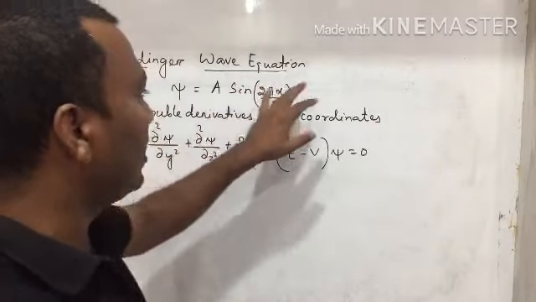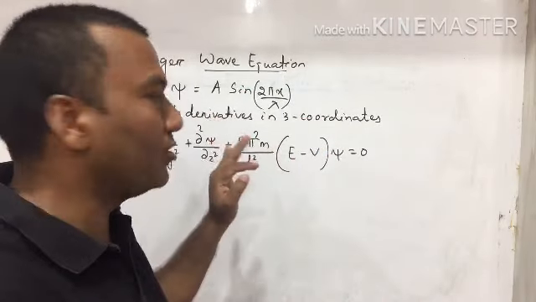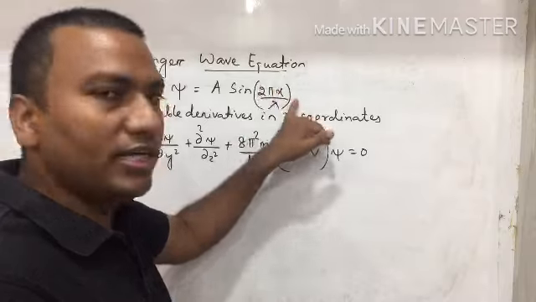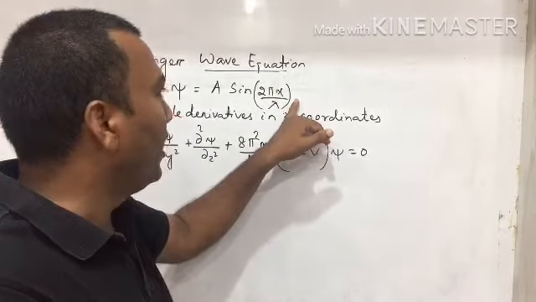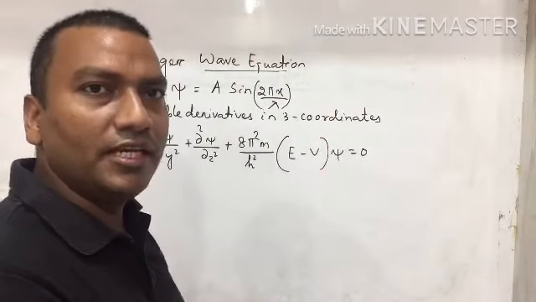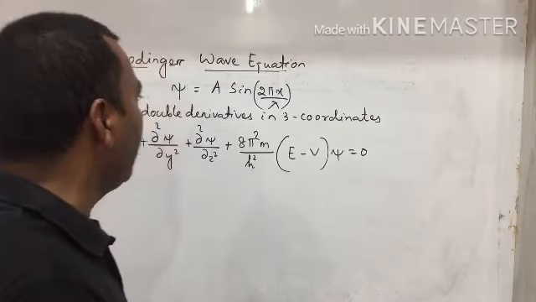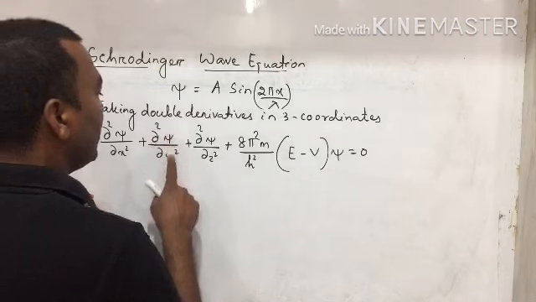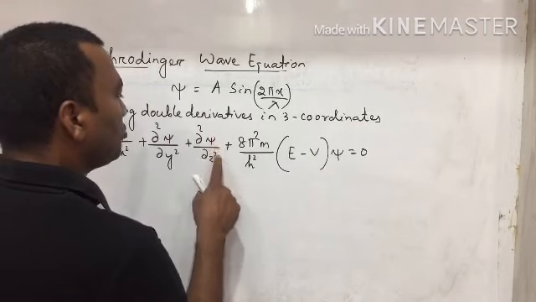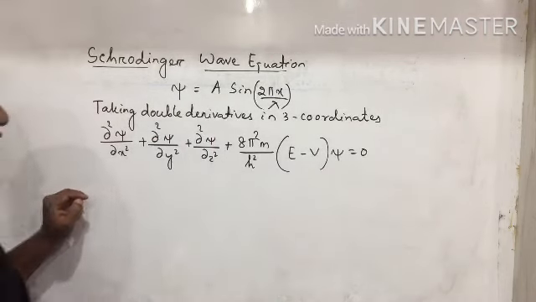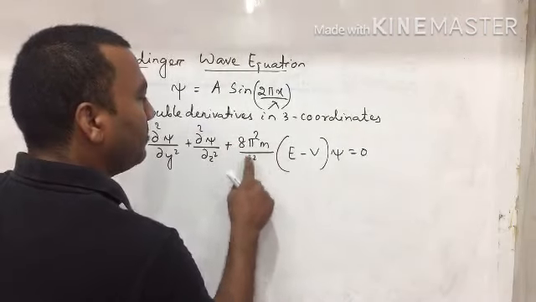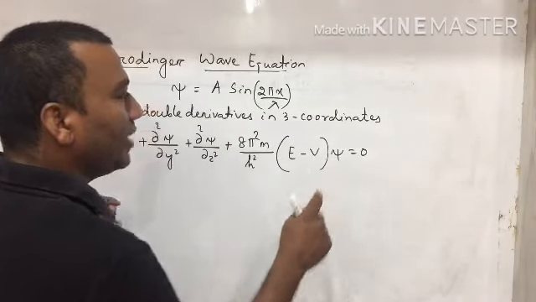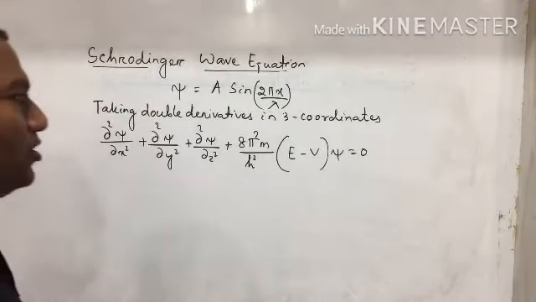So 3 equations will come. Take the double derivative and add the 3 equations, then we get d square psi by dx square plus d square psi by dy square plus d square psi by dz square plus 8 pi square m by h square into (E minus V) into psi equals 0.